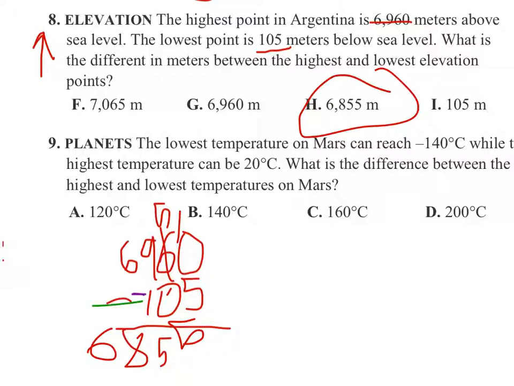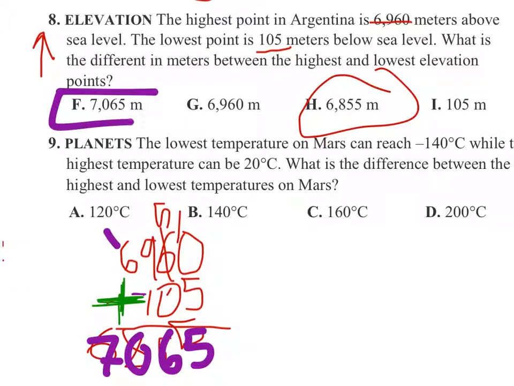So yeah, we would end up changing that to a big plus right here. And then that's going to change a little bit, because now we're just going to add 0 plus 5 is 5, 6 plus 0 is 6, 9 plus 1 is a 10, carry the 1, 6 plus 1, 7, bam. So as it turns out, we would have to change this to F.